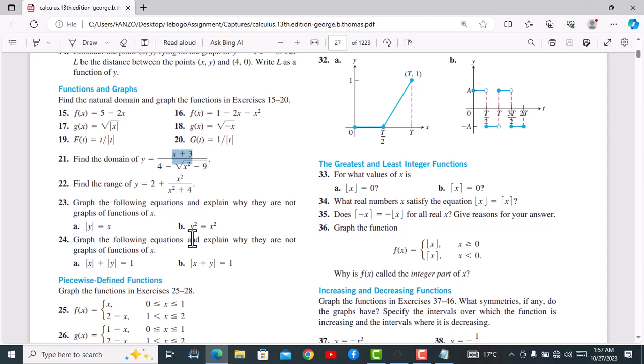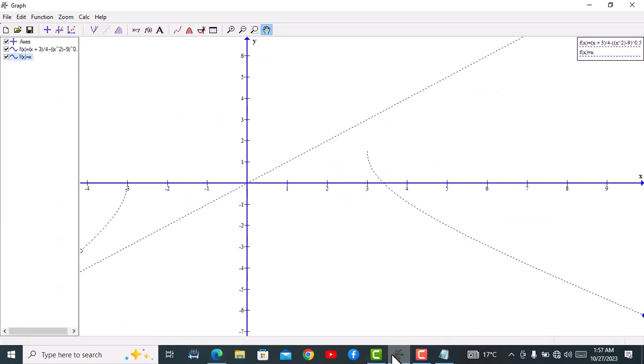Okay, let's wait a bit here. Graph the following equations and explain why they are not graphs of the functions of x. So y squared equals x squared. So when I introduce the square root on both sides, it gives me that.